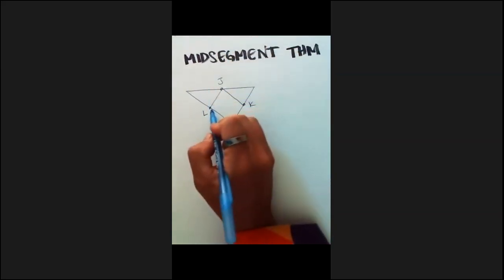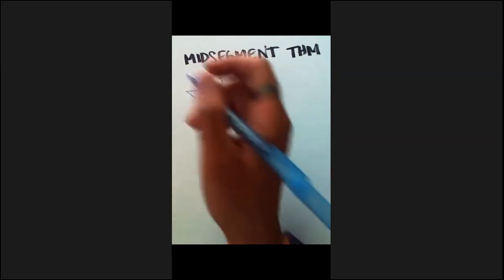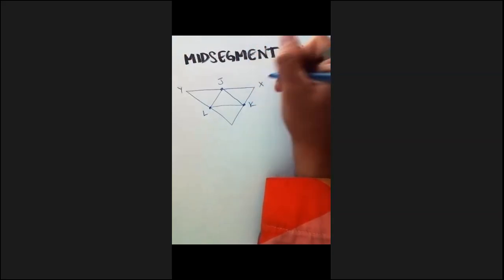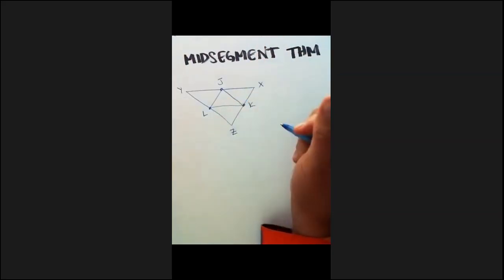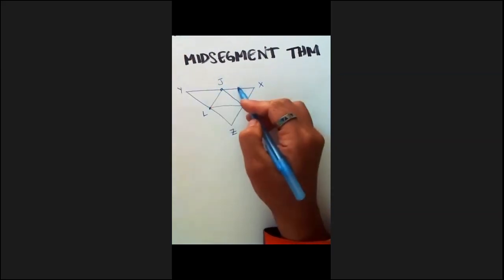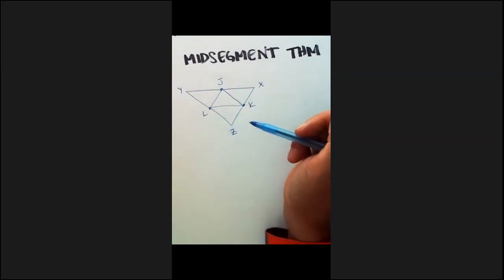So you want me to mention how all those are midpoints? Yes. So we'll say all of those are midpoints, which means these are congruent to each other, these are congruent to each other, and these are congruent to each other.